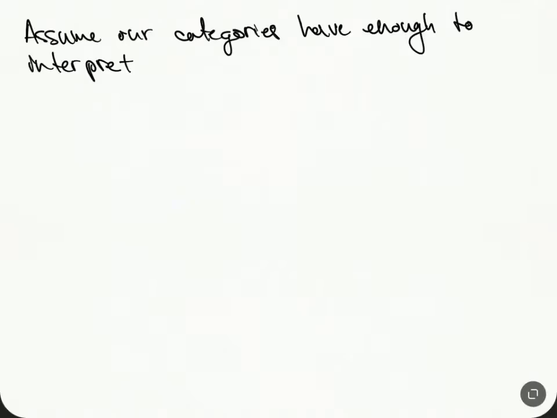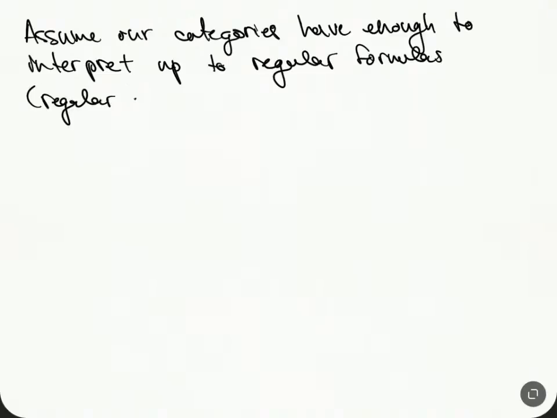So for regular, we add the disjunction. So up to regular formulas. So this is called a regular category. And so this has finite limits. Okay, so from now on we'll have this.